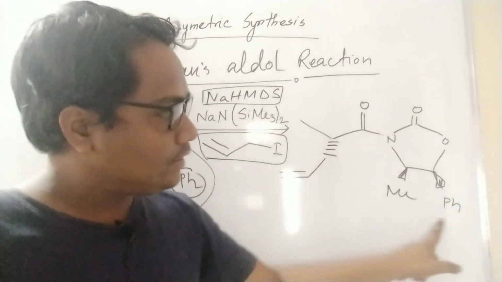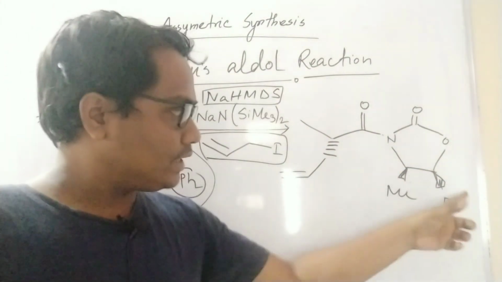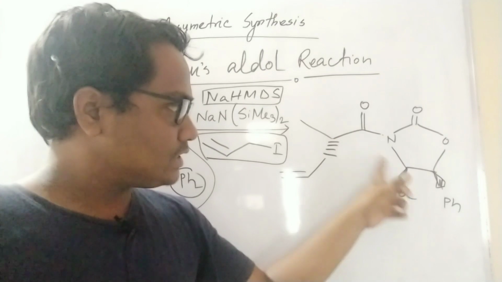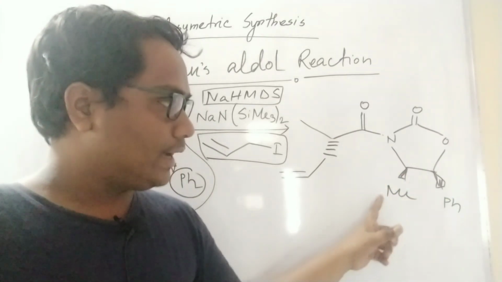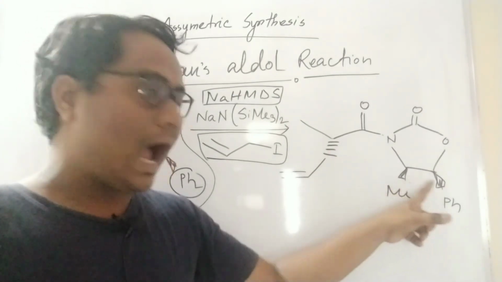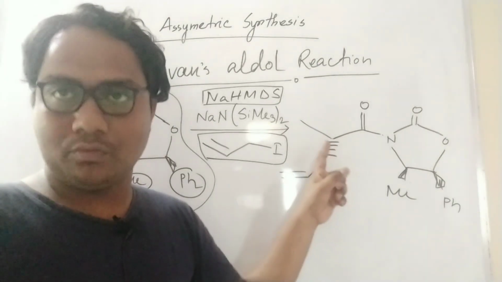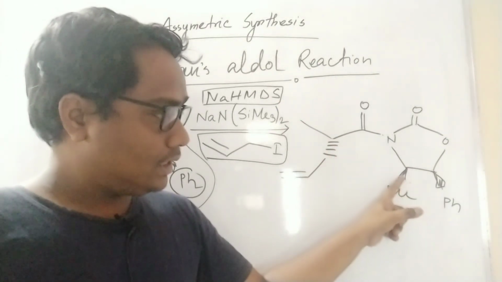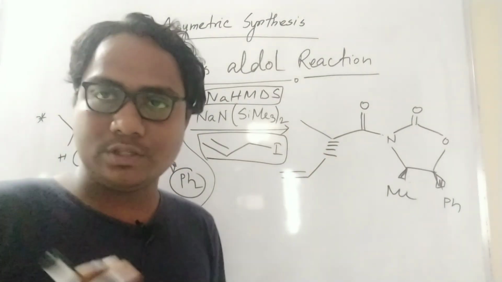Whenever you see this kind of group attached to the oxazolidine ring is up, here or here, generally here because it is near, there will be steric interaction, and that's why it will go down. If the group here is up, the upcoming group will always be down, and if the group here is down, the upcoming group is up. Always remember that.